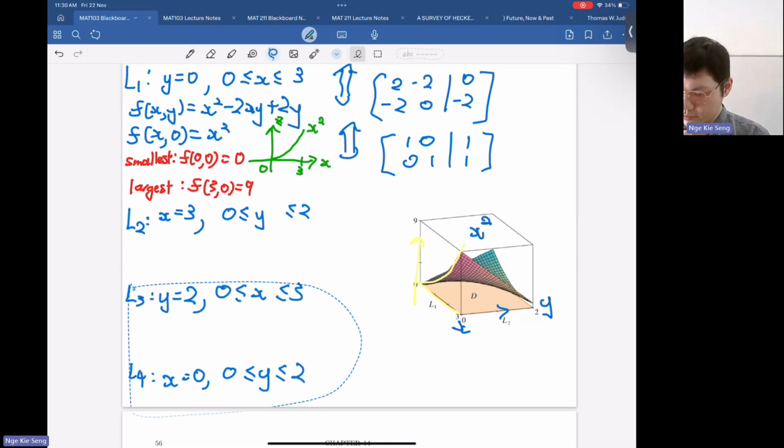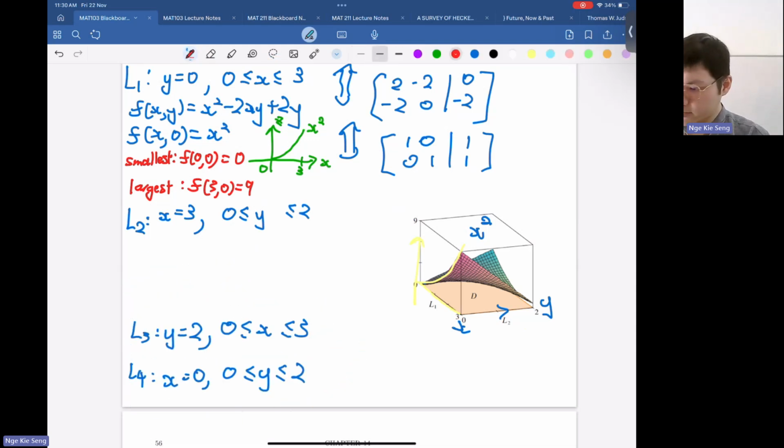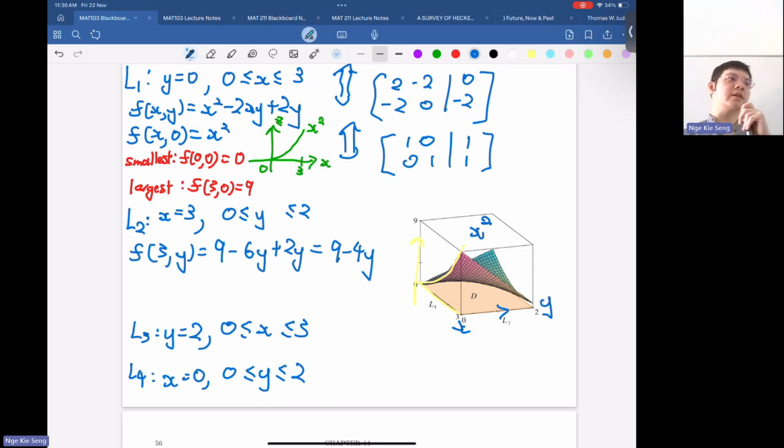If you just look at L2, what happened to our function? Our function will reduce to 9 minus 6y plus 2y, which is what? 9 minus 4y. Okay, so it's a linear graph there. And so when's the largest? When's the smallest?